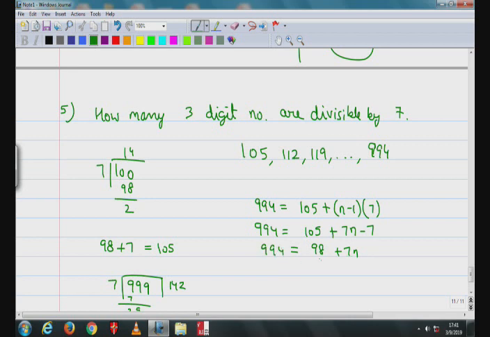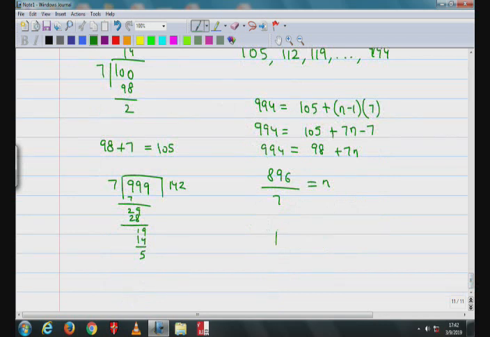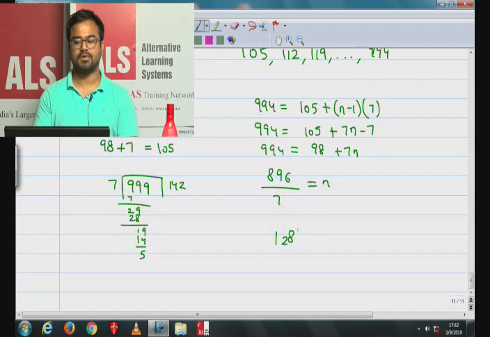So when we subtract this 98 from 994, that will be 896, divided by 7. So 896 divided by 7 is 128. So 128 are the terms which are divisible by 7. These are the 3-digit numbers.